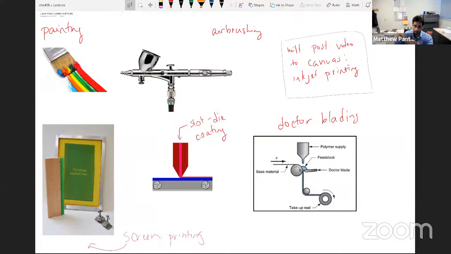And the die can either be like a point, or it can be a slot or a long shape, and you can make a film by either moving the die back and forth across the substrate, or by moving the substrate around to coat it.